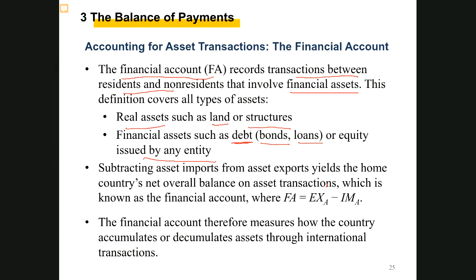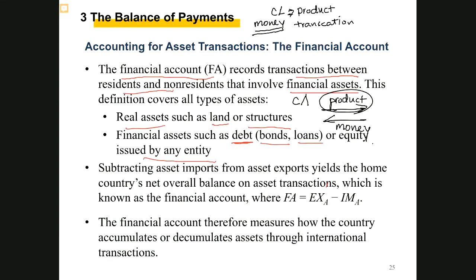Remember, current account is from the perspective of the product. Now we shift our attention to the money side, transactions. Remember, a transaction means you exchange your product with money. Now we already finished constructing the current account. We need to move to the financial account and capital account. That's what we are doing here.